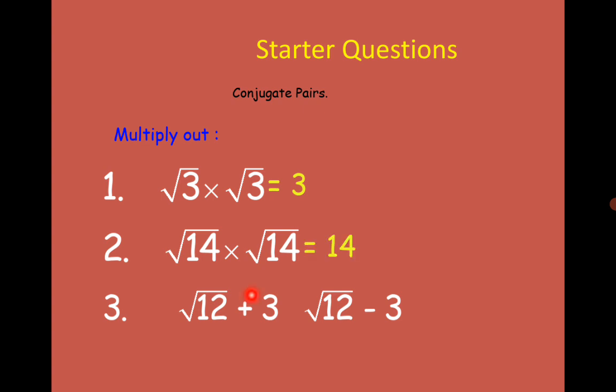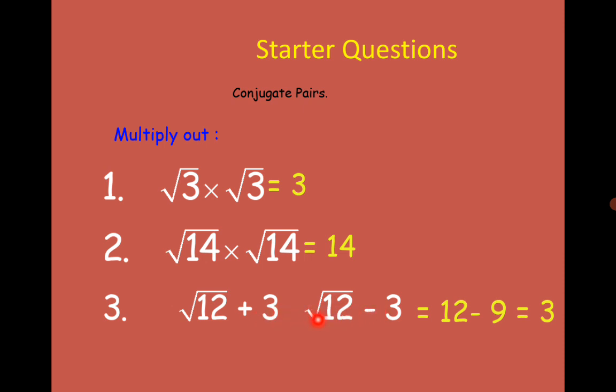But what do you get when you multiply root 12 plus 3 by root 12 minus 3? You should be able to get 12 minus 9. So take note that when you change the sign there, in the first place these are the same.